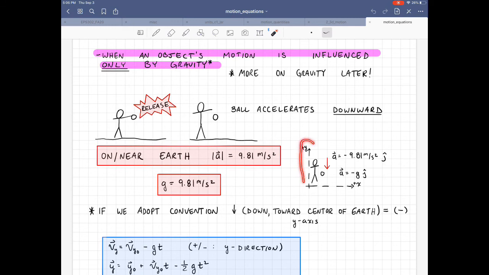If my coordinate system plus y is in the up direction, then the acceleration of an object in free fall is magnitude 9.81 meters per second squared, but in the negative j hat direction, right? Up is positive j hat, so down is the negative j hat direction. If you were using little g, then the acceleration due to gravity would be minus g in the j hat direction.